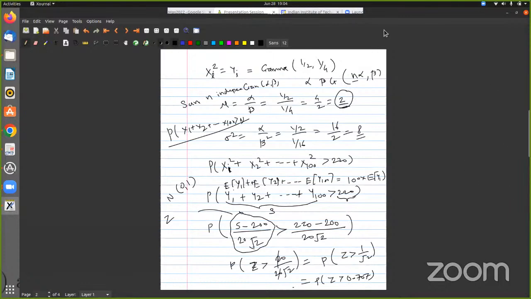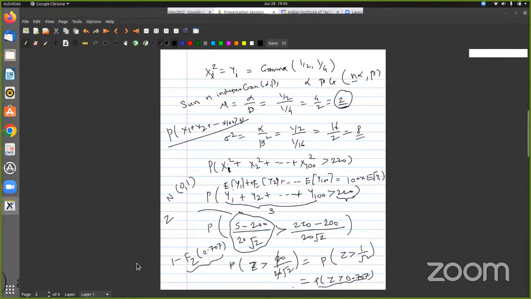And I think we have been given the value. First of all, what is the probability that Z is greater than 0.707? It is 1 minus phi of 0.707, and this phi of 0.707 is given to us.